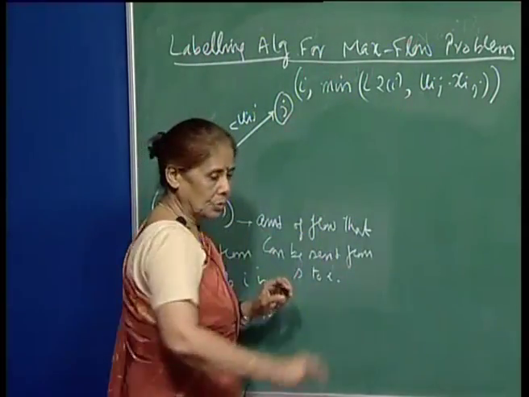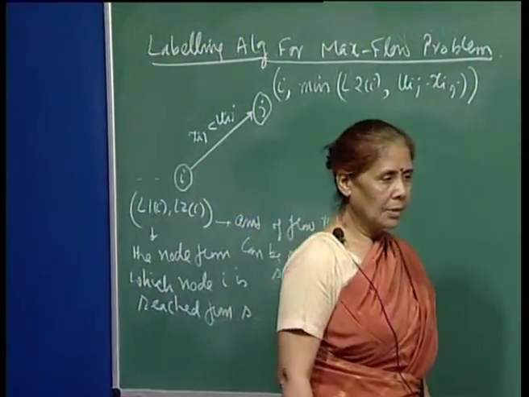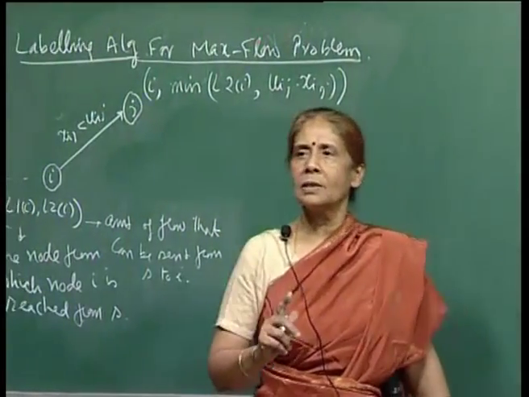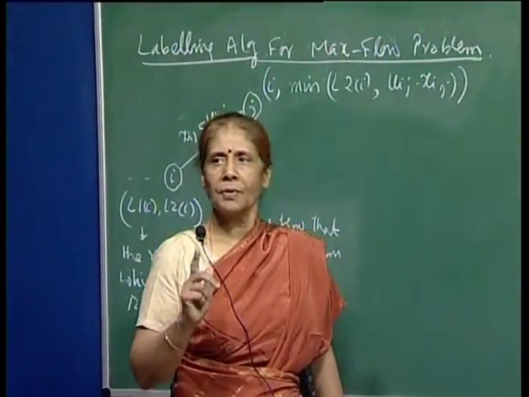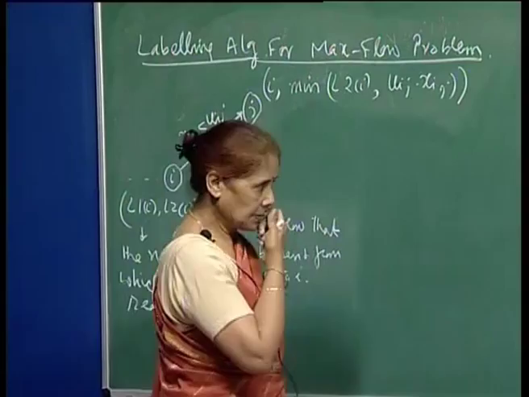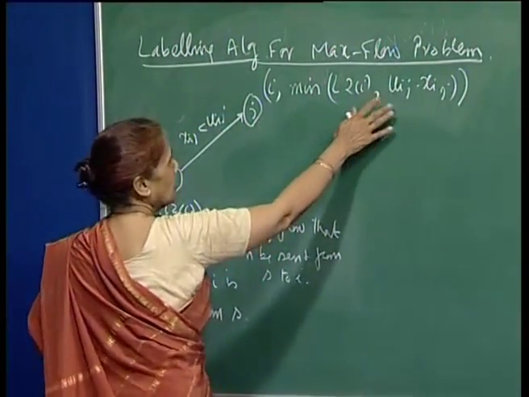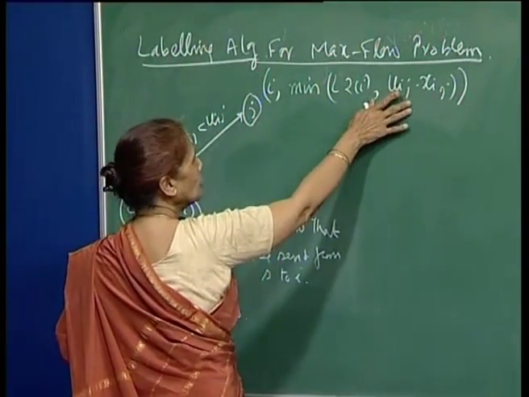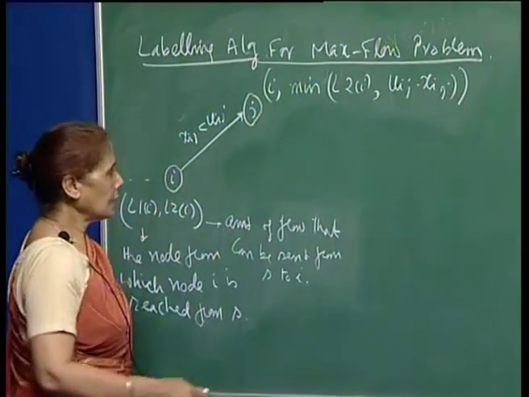So, the minimum of the two. Remember, I defined for you the capacity of a path as the minimum capacity of an arc on the path. Therefore, this number has to be the minimum of the two, and this will be the label, right.